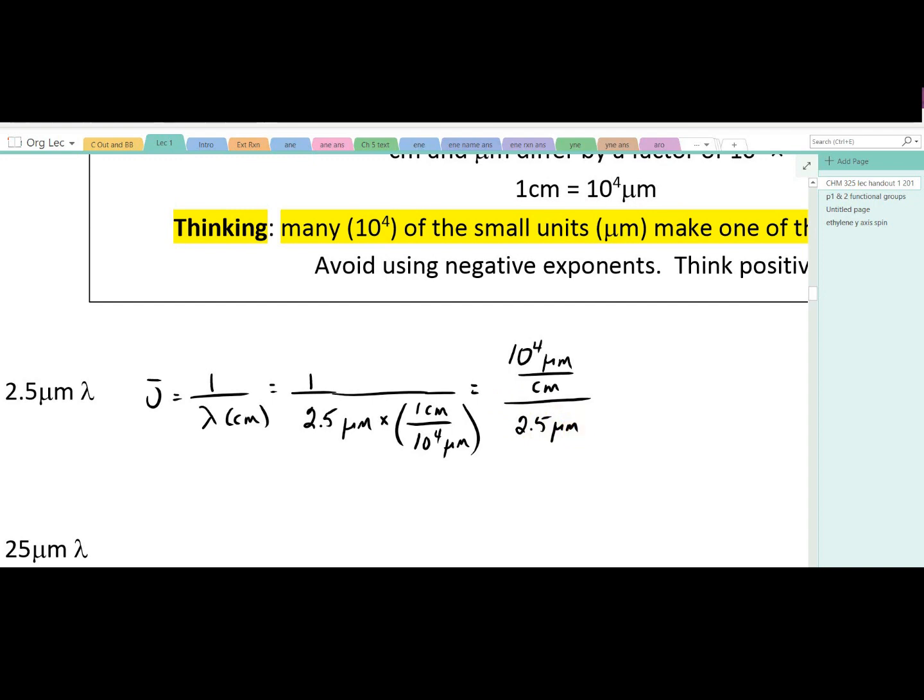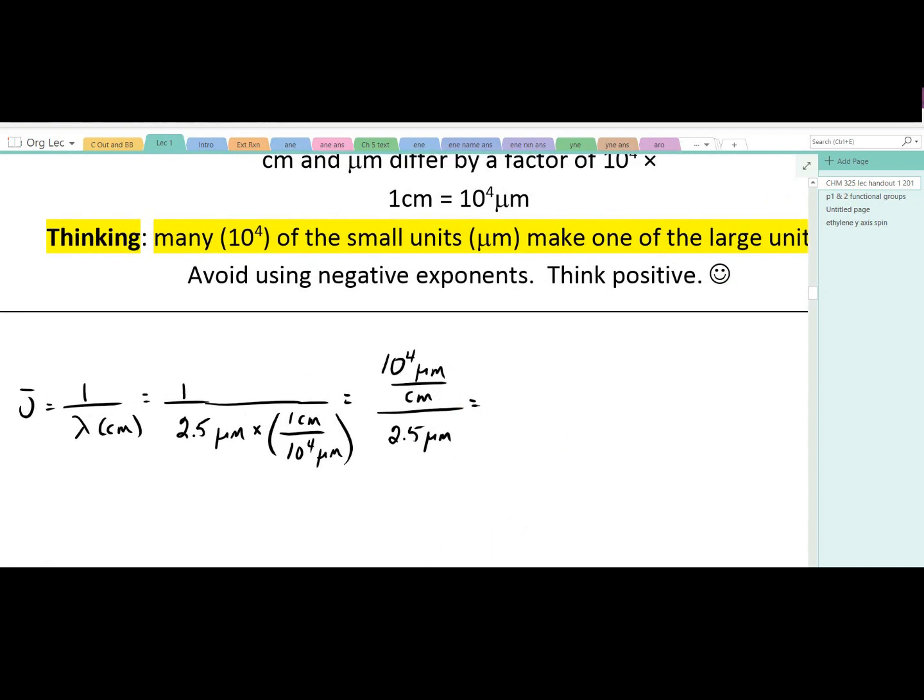2.5 microns. You can see the units of microns will cancel, and we'll have units of centimeters to the minus 1. So I'll write this as 10,000 microns per centimeter over 2.5 microns.